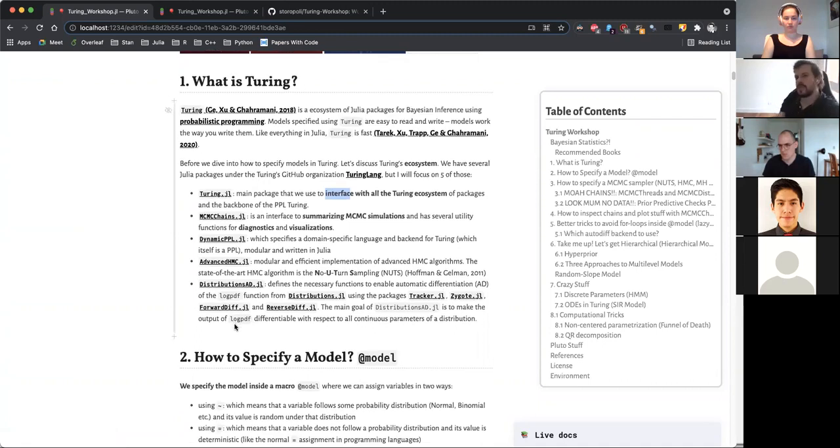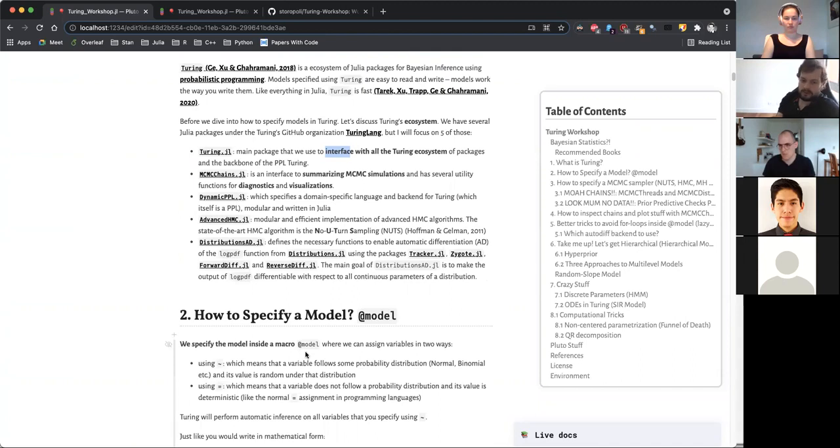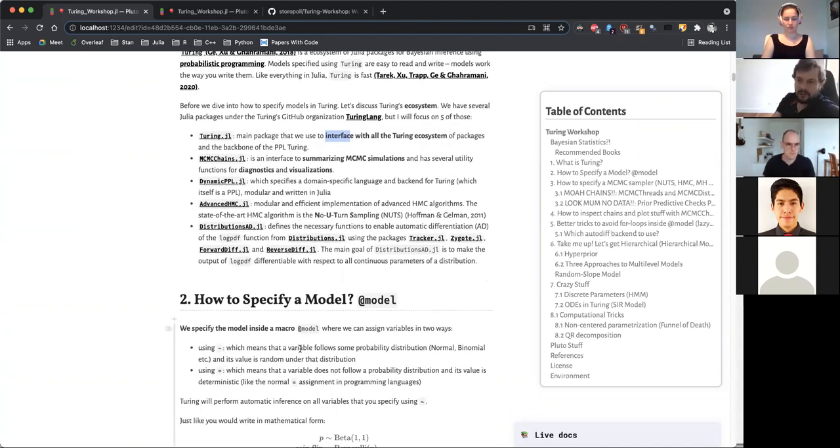So how do we specify a model in Turing? We just use the model macro. And inside that macro, we specify variables that we want Turing to sample. And we use the tilde. That's mostly what we use anyway in mathematical notation.